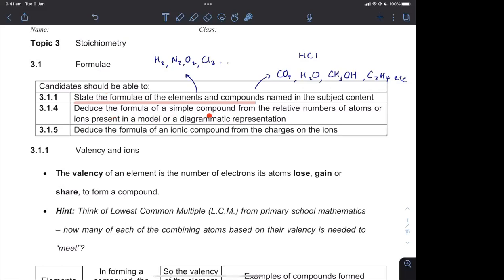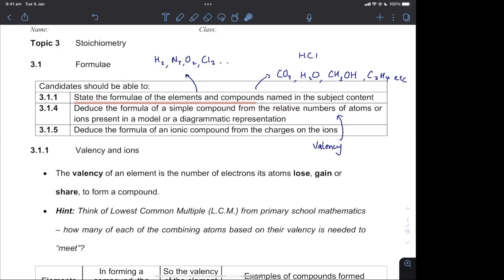Deduce the formula of a simple compound from how many atoms or how many ions you have. This one is a result of your valency. Valency is the number of electrons your atoms need to lose, gain or share. You share electrons between nonmetals and nonmetals, which results in covalent bonding.